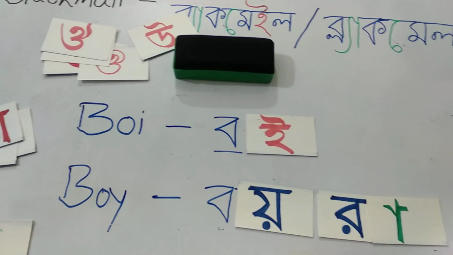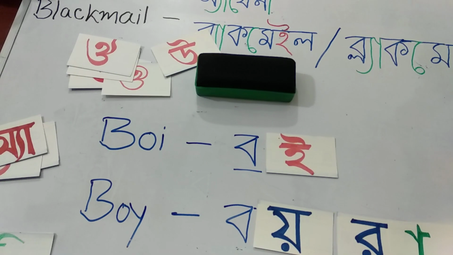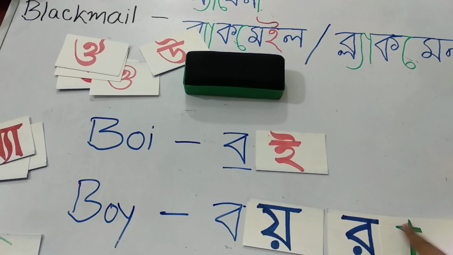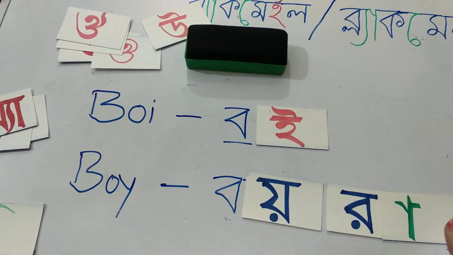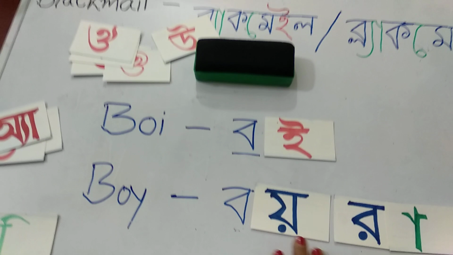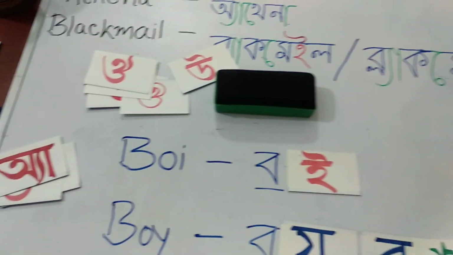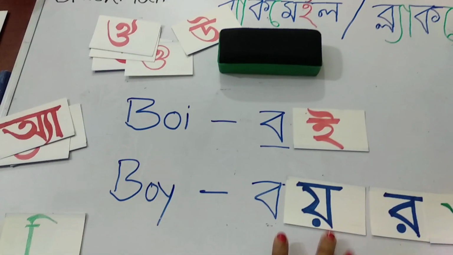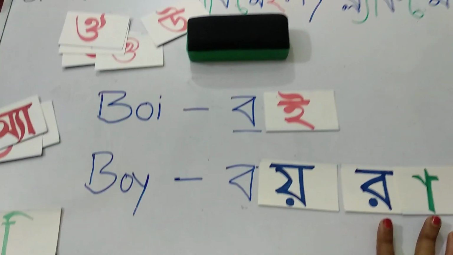Now, rule number 2. Rule number 2 is, if "o" appears in the middle of any word and is followed by any consonant with "a" ending, then it will be pronounced as "oi," as in boy. So, yeah, the same rule like the 2-letter word. So it became 3-letter word.